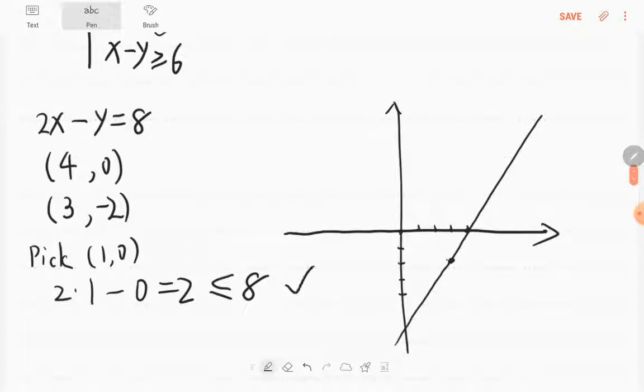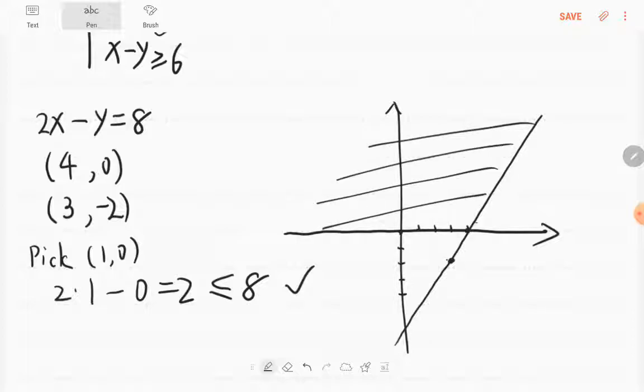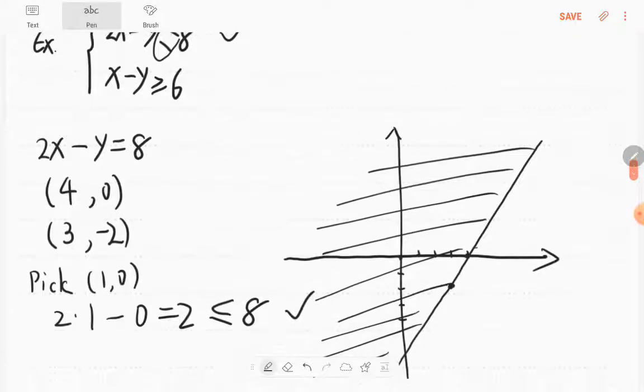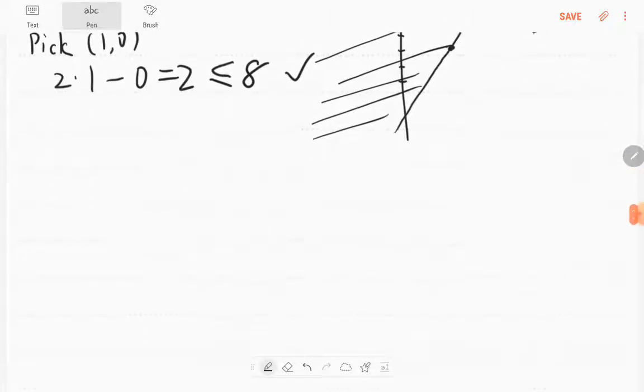Yes, this is correct. So this region, the upper half plane, would be the solution set for this inequality. Now let's look at x minus y greater than or equal to 6.